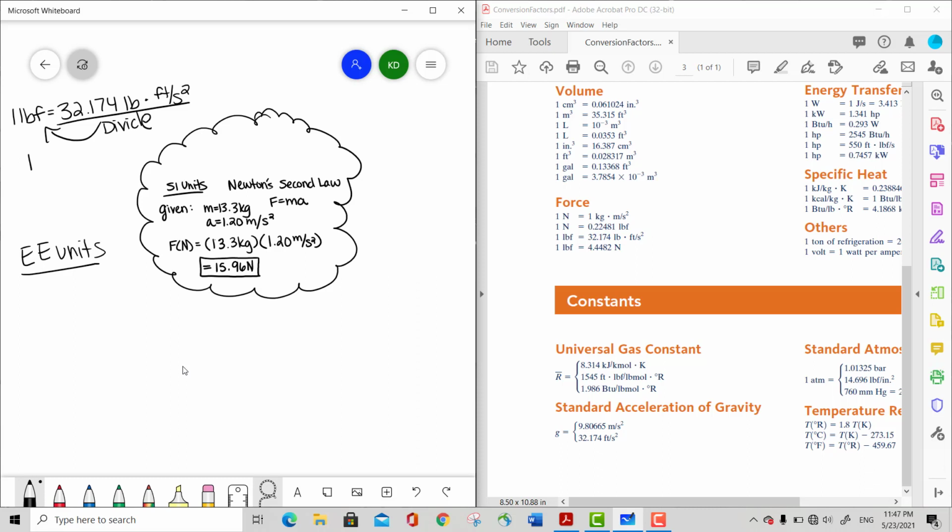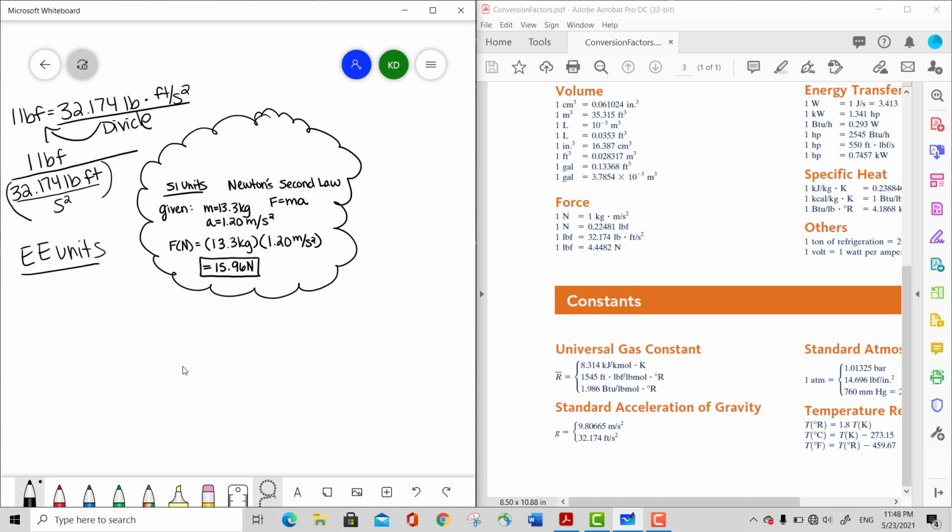So really it's 1 pound force over 32.174 pound feet all over second squared. So kind of like this. Okay, so this is our conversion factor. I know that looks a little crazy, but once you start using all of these, it'll become second nature if you haven't done these things in a while.